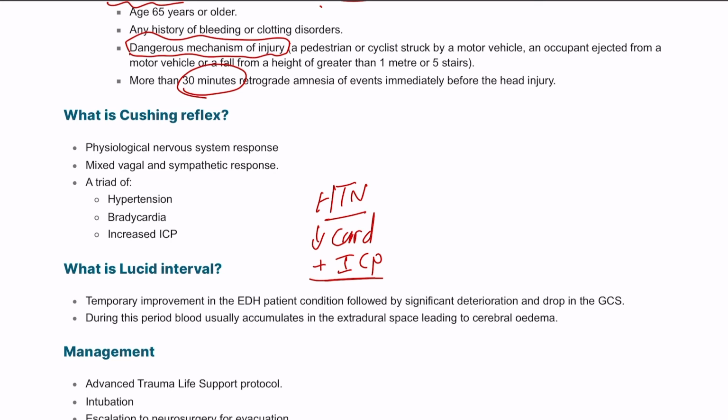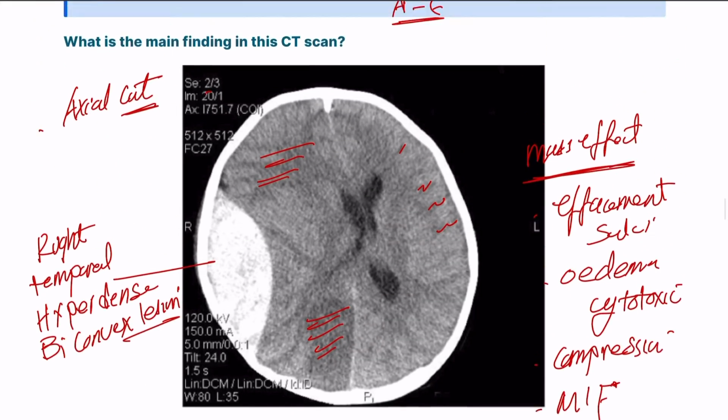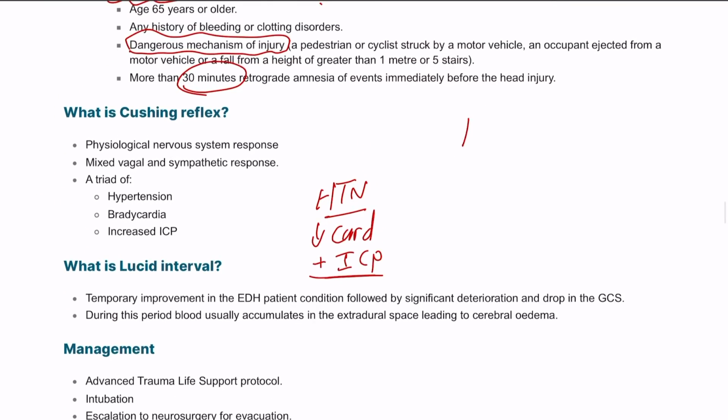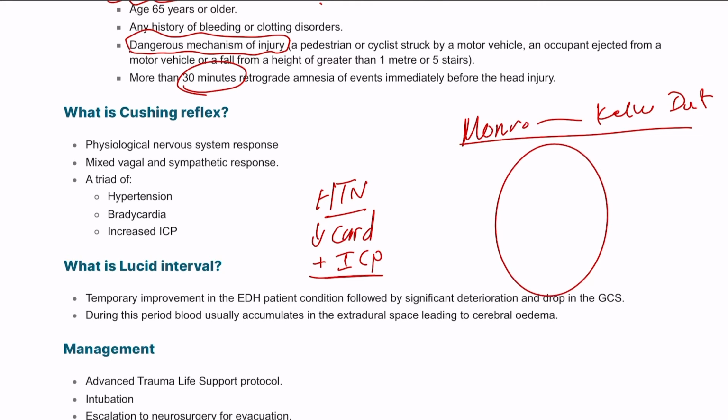So basically what happens in the Cushing reflex, if the patient had trauma, there is something called the Monro-Kellie doctrine, all right? And this is basically that the skull is a closed box. And this closed box contains a few things inside it.